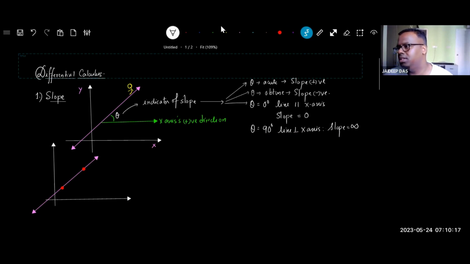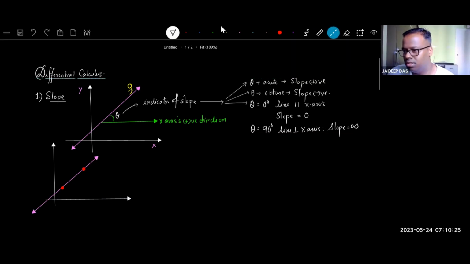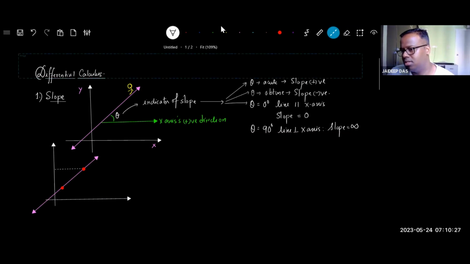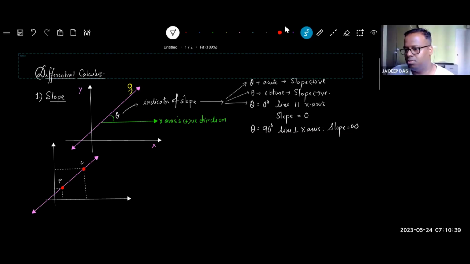Let's try to mark their coordinates also. So the coordinates are somewhat like this, and this, right? These are the coordinates. We say this is a point P, this is a point Q, and say this is x1, this is y1, this is x2, this is y2.